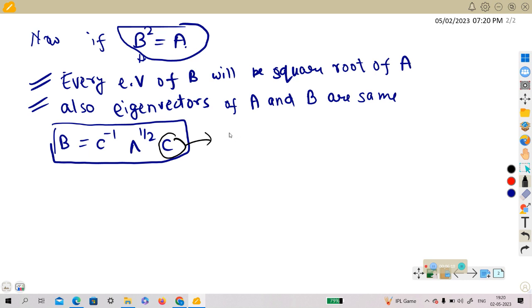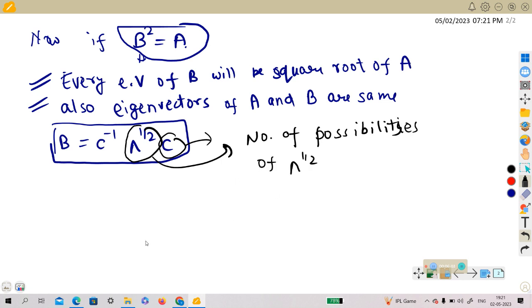You can change eigenvectors, but accordingly they change. So the number of B's is only determined by the number of possibilities of gamma to the 1 by 2.